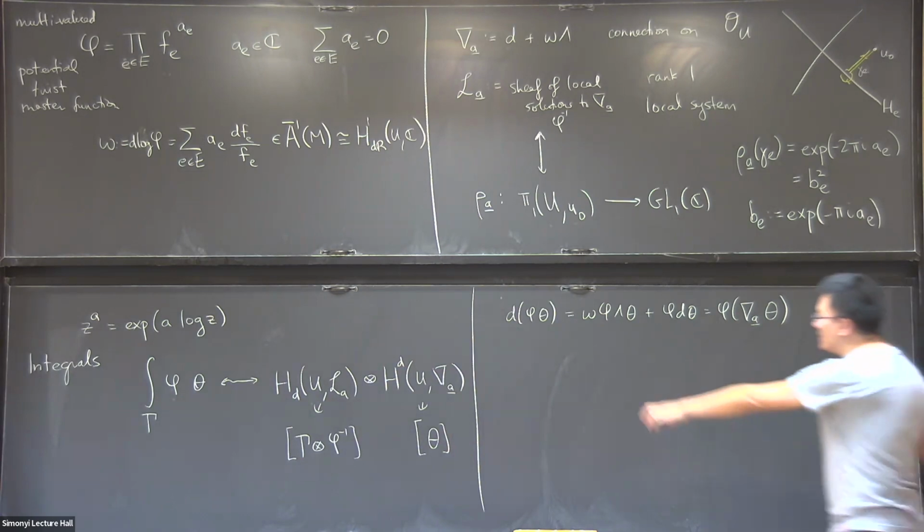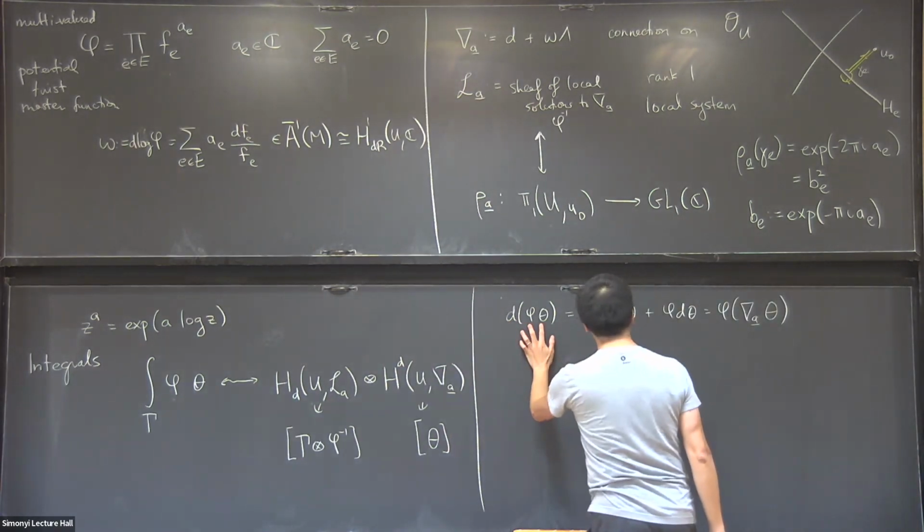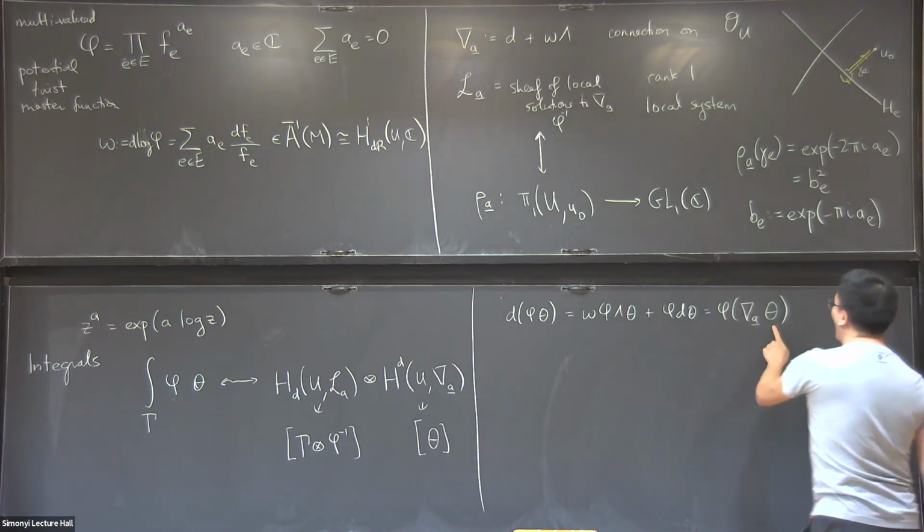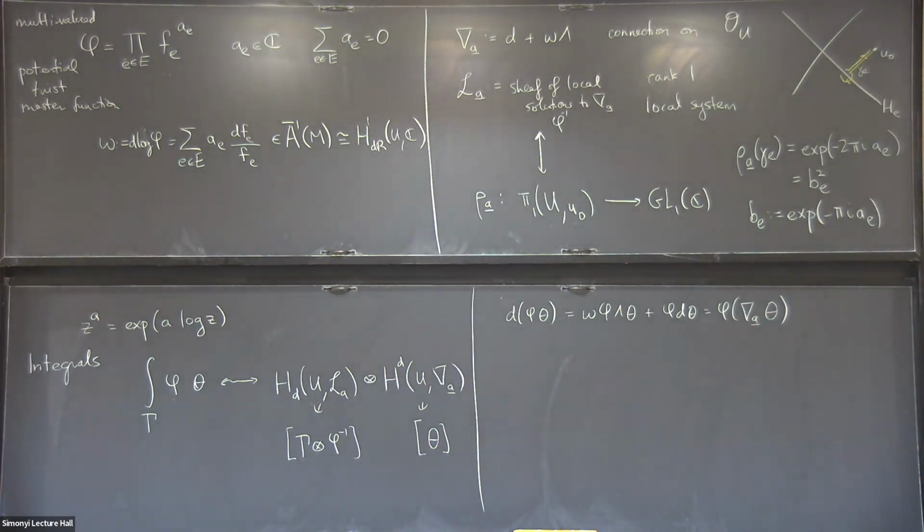So if you D this combination, then you can actually just act with this connection on the cohomology class.